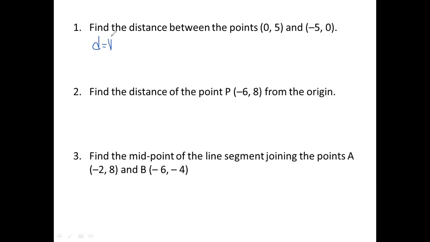The formula for the distance of two points is the square root of (x2 minus x1) squared plus (y2 minus y1) squared.